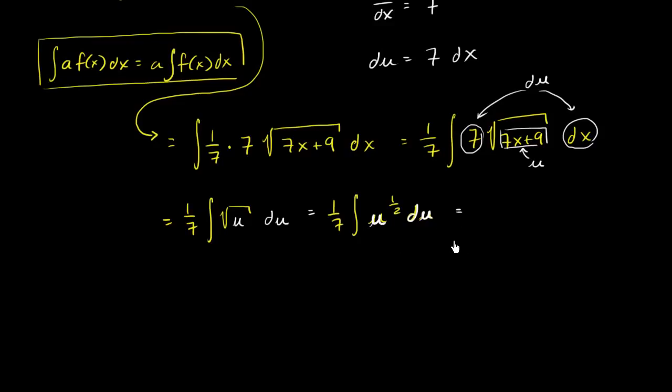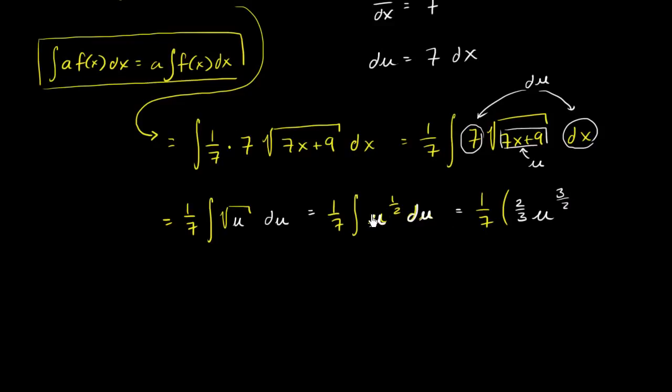So this is going to be equal to, and let me not forget this 1/7 out front, 1/7 times u to the 3/2. 1/2 plus 1 is 3/2. And then we're going to multiply this new thing times the reciprocal of 3/2, which is 2/3. And I encourage you to verify that the derivative of 2/3 u to the 3/2 is indeed u to the 1/2.